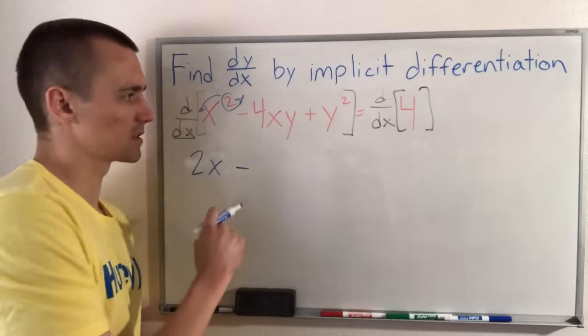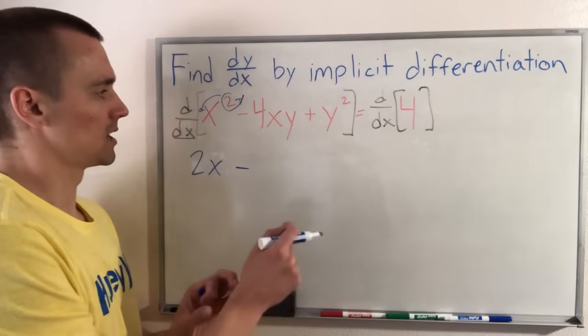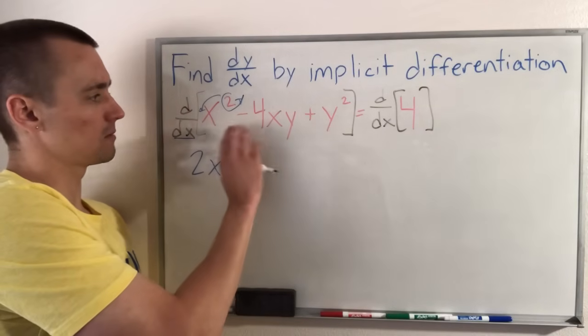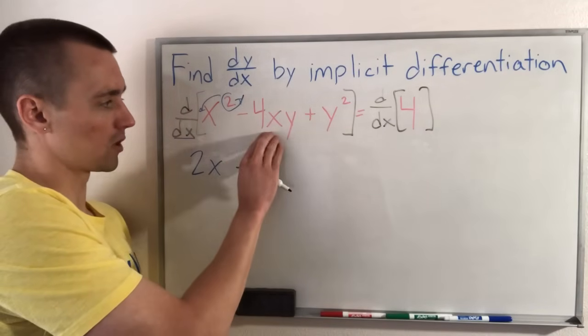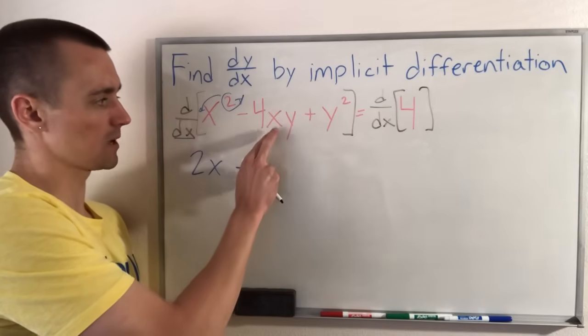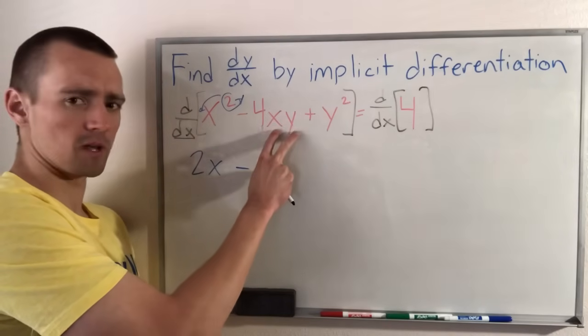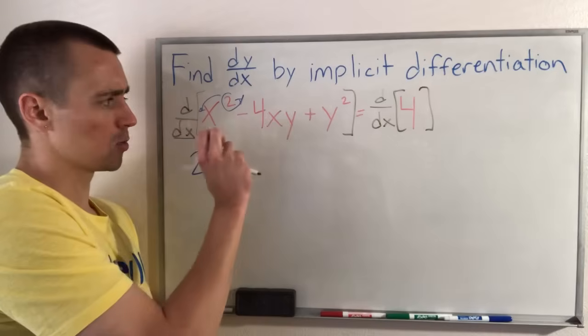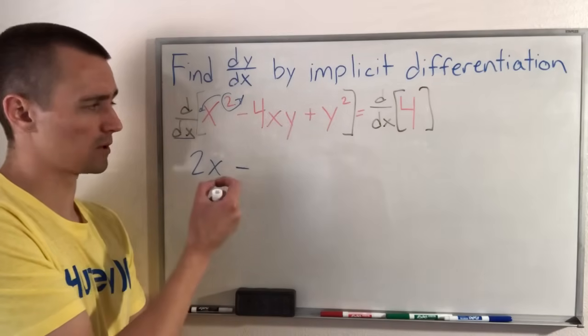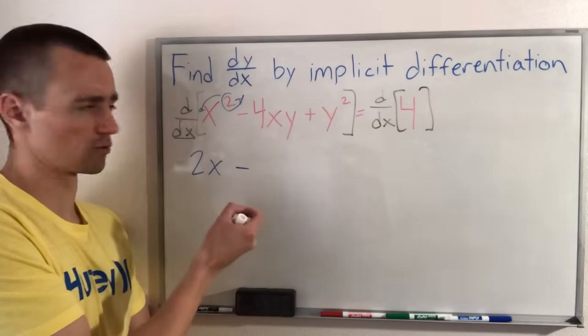Now this second term here is going to be a little bit more complicated because notice we have negative 4x times y. Because we have an x being multiplied by a y, we're going to have to do something a little bit more complicated, which is to use the product rule.